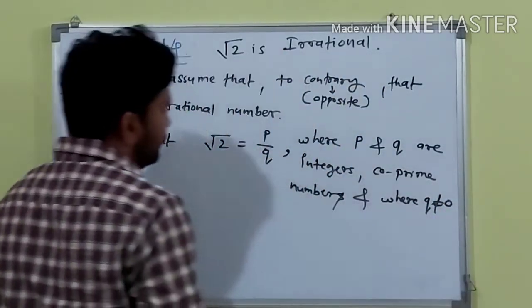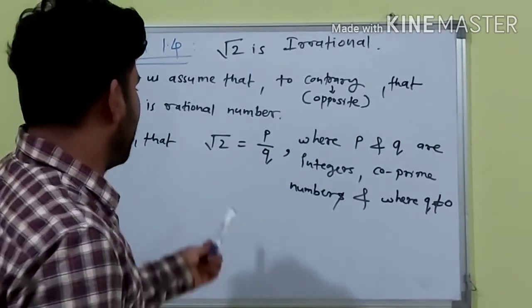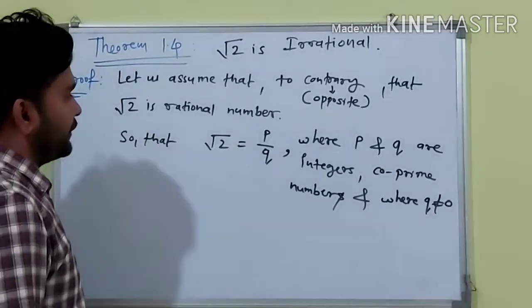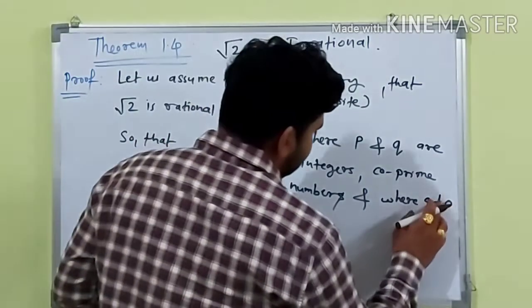Q will never be 0, otherwise we can't say it is a rational.